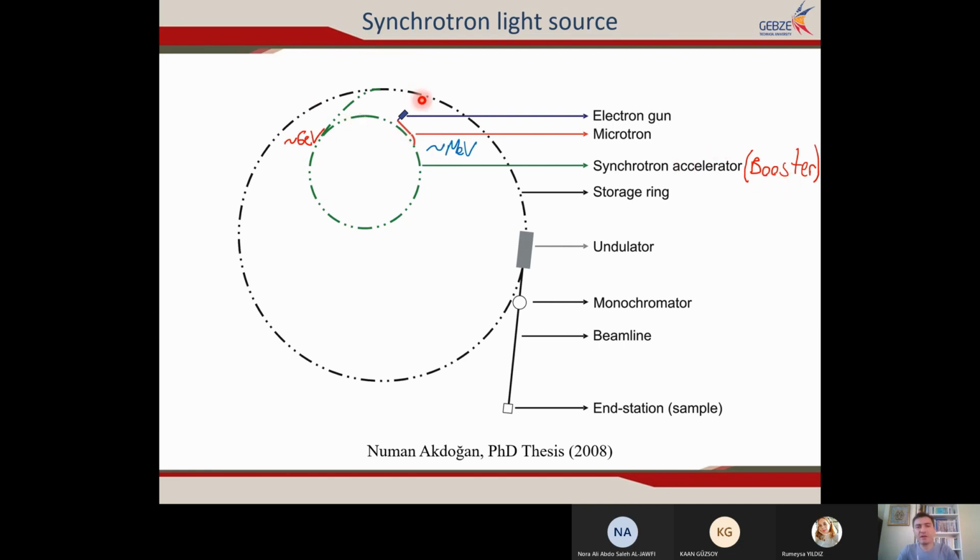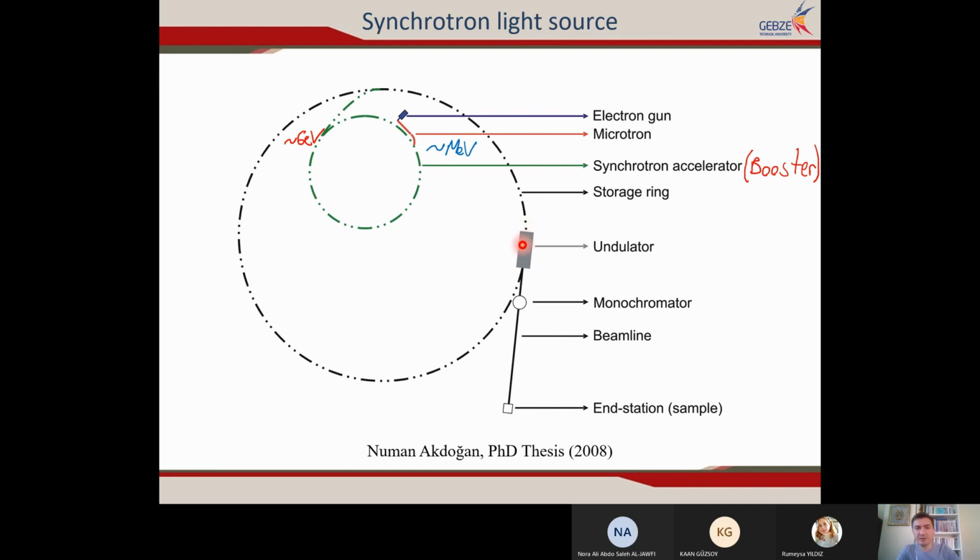So here, electrons are traveling for many hours without losing their energies, let's say. Of course, in reality, they lose their energies and you have to inject new fresh electrons. I will go into detail about this. And here we have an undulator. I will talk about the working principle of these undulators in the forthcoming transparencies.